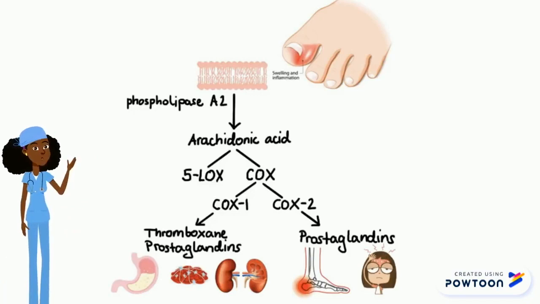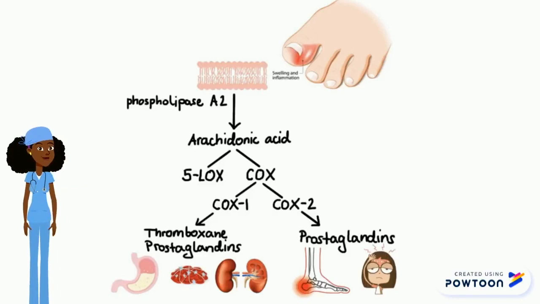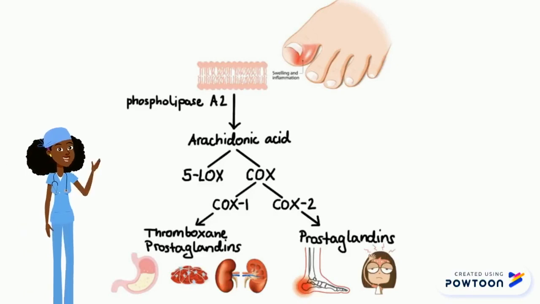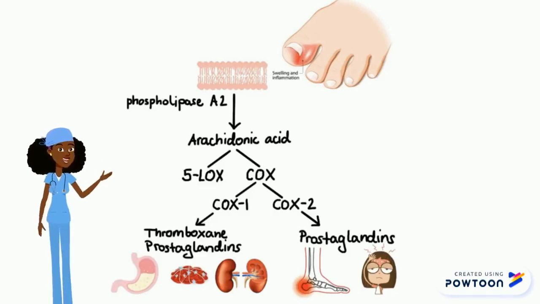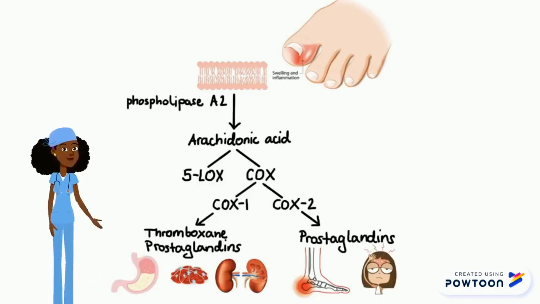A few of the examples are the secretion of protective gastric mucus, regulation of gastric acid, promotion of platelet aggregation, and the maintenance of renal blood flow. Cyclooxygenase 2 is not expressed constantly in most tissues, but instead it is induced at sites of inflammation. Unlike cyclooxygenase 1, cyclooxygenase 2-derived prostaglandins mediate mainly inflammation, pain, and fever.